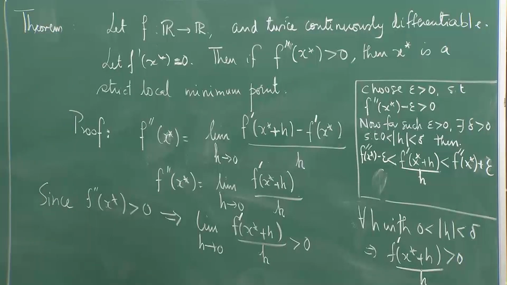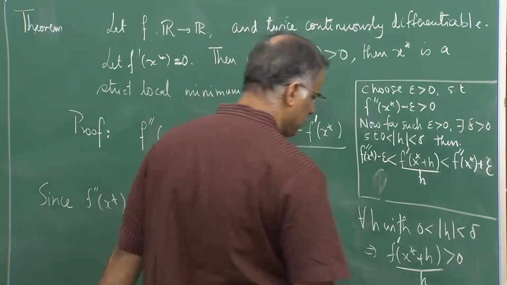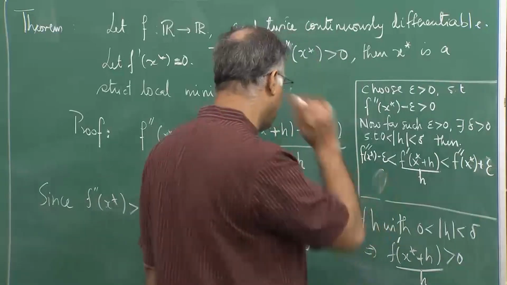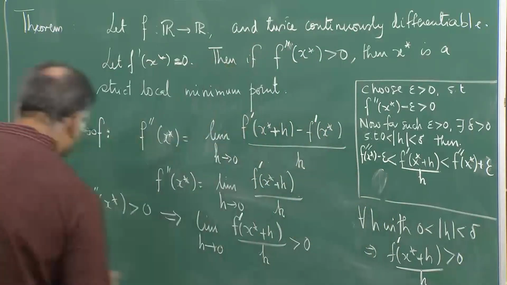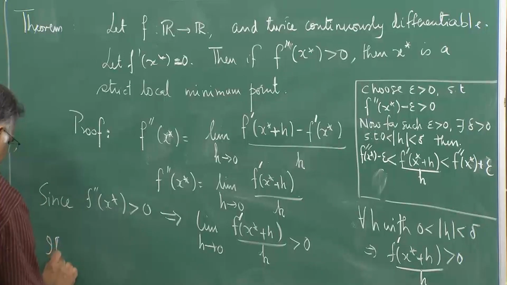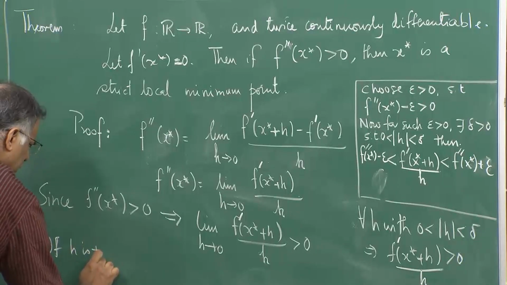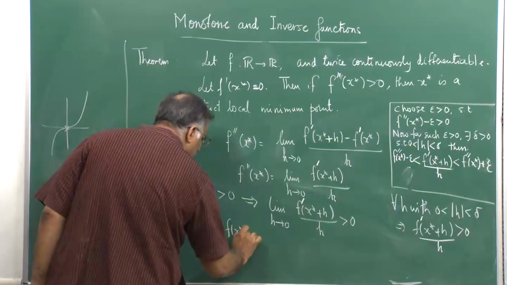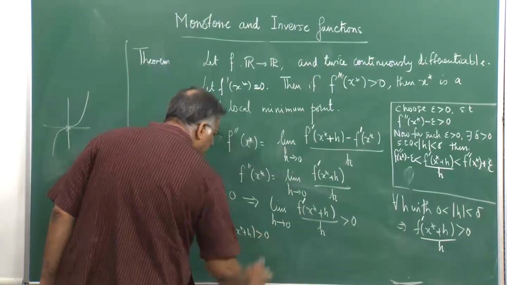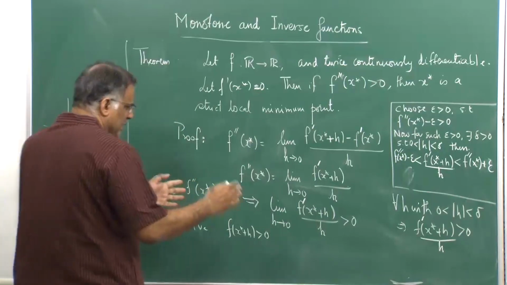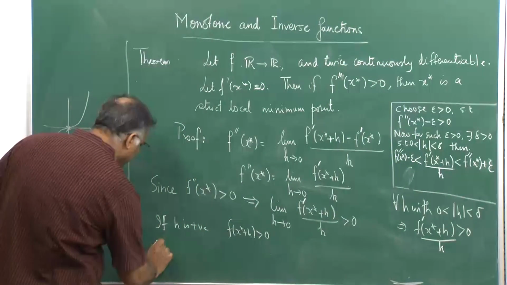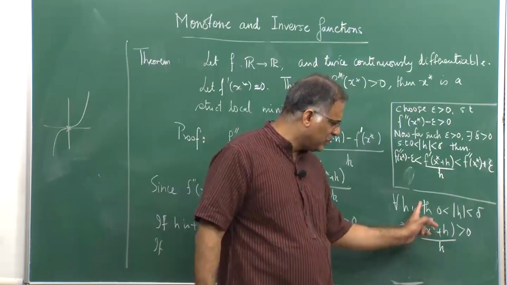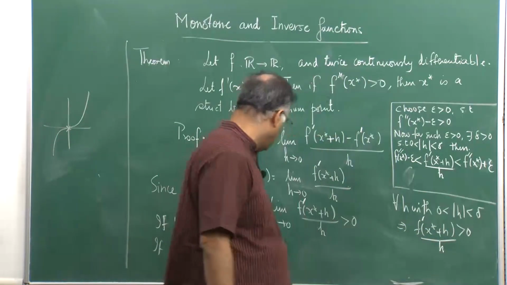So, if h is positive, I will have f dash of x star plus h to be strictly greater than 0 whenever h is less than delta. But if h is negative, I will multiply both sides by h because I want to cancel this h. I just want information about f dash x star plus h.